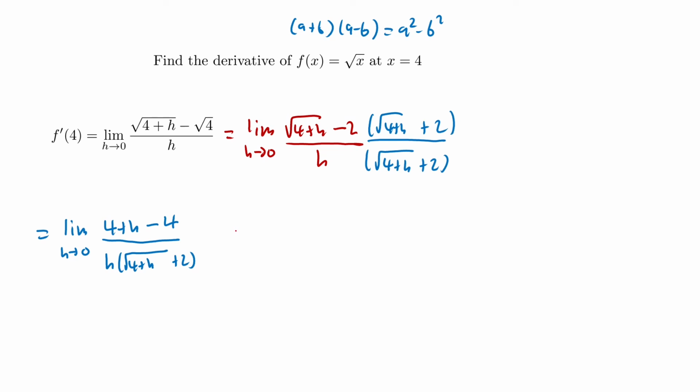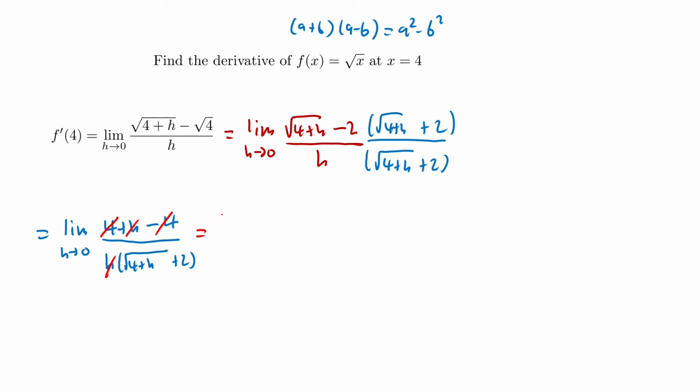As you'll see, similar to what happened in the last example, the 4 and the negative 4 here are going to cancel. And since there's just a single term left in the numerator, this h will then also cancel with the h down here.